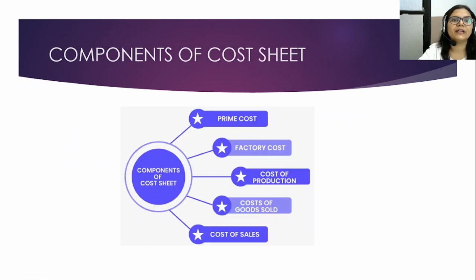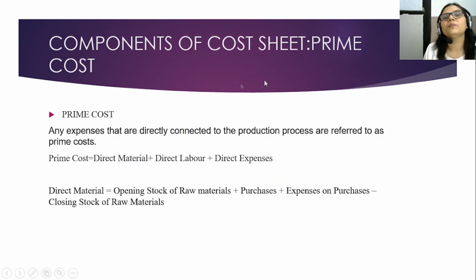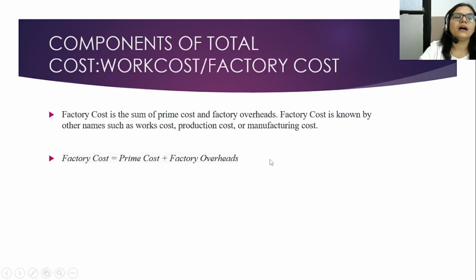So we will again brief what are the components of a cost sheet. First is prime cost, which is the summation of direct material, direct labor and direct expenses. Another component is factory cost, which is prime cost plus factory overheads.